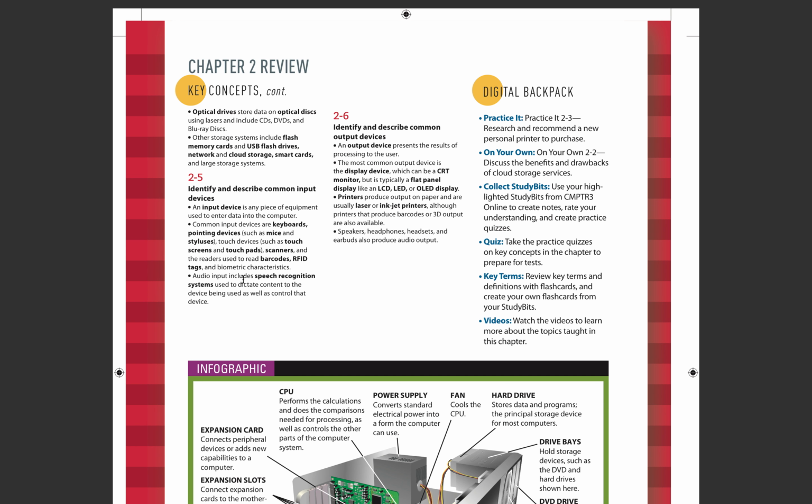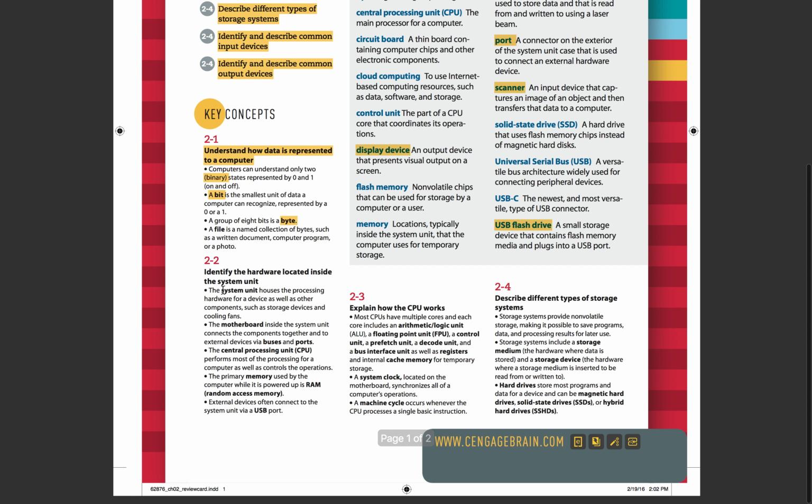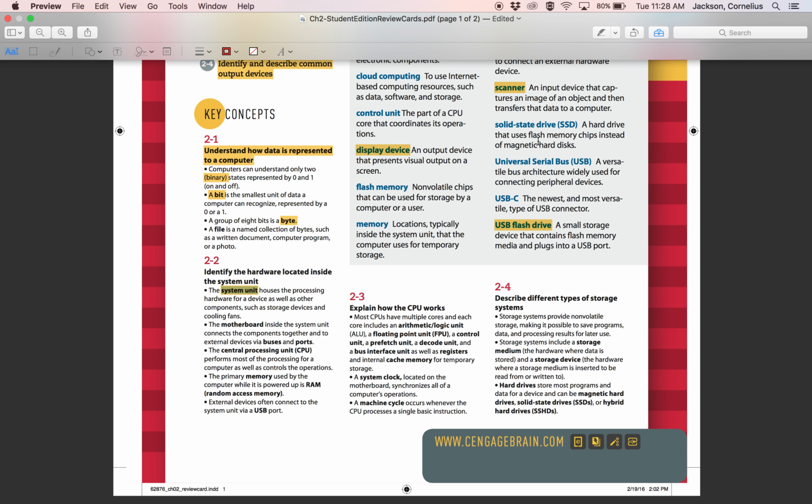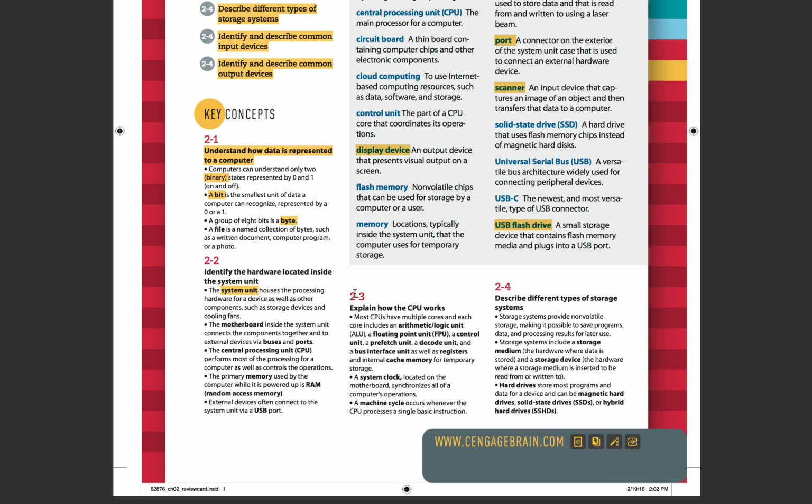So moving on to 2-2, we did discuss and identify the hardware located inside our computer. So we talked about the system unit, which houses processing hardware for the device. So if you have that desktop, it's whatever is inside that tower.